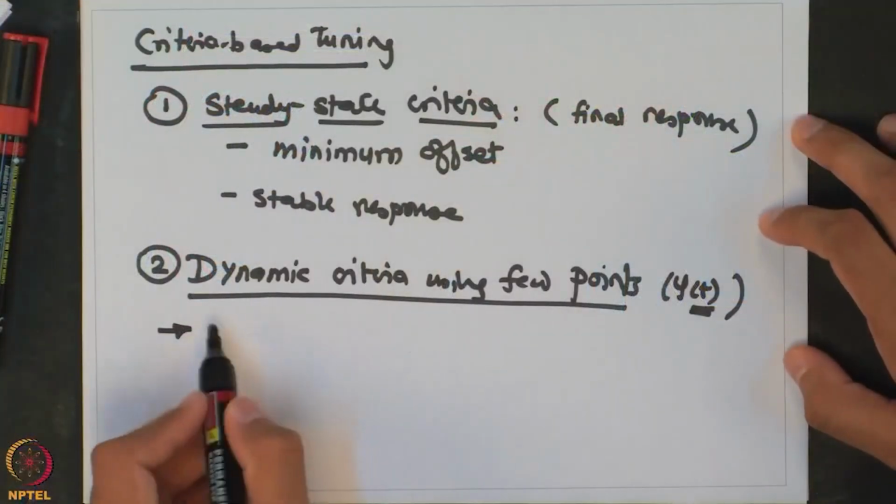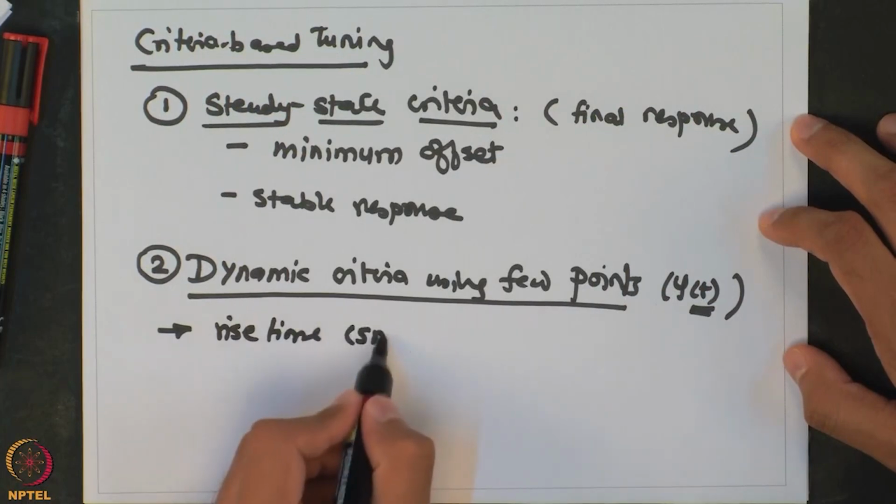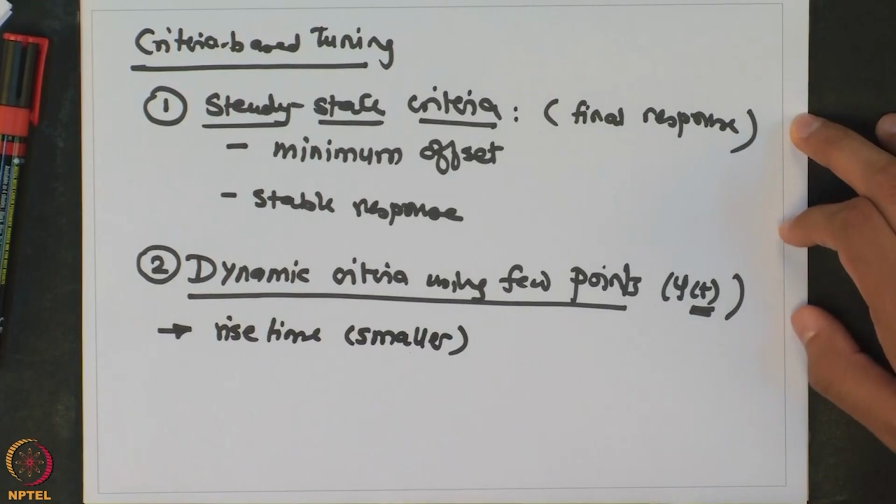To give you some example, it may be about rise time, and smaller rise time. One of the criteria may be that the steady state has to be reached very quickly, and we have seen the difference between rise time and response time.